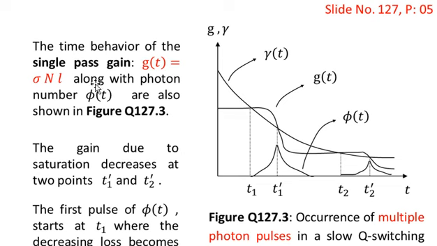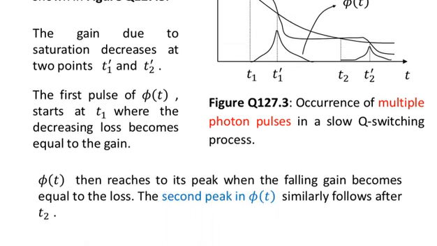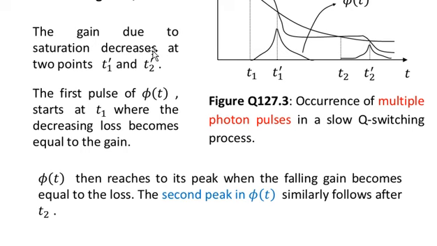So g of t given by this, along with the photon number phi of t, are also shown in figure number 3, which I have explained. The gain due to saturation decreases at two points, T1 prime and T2 prime.